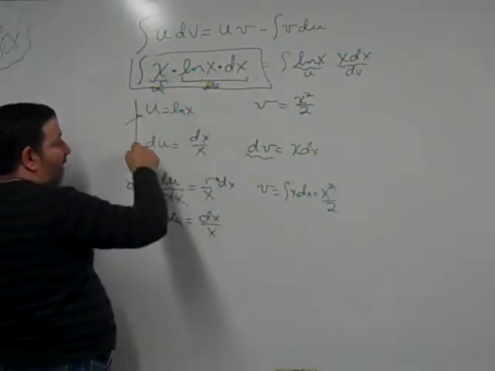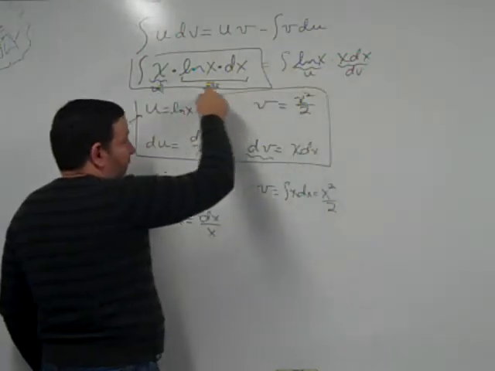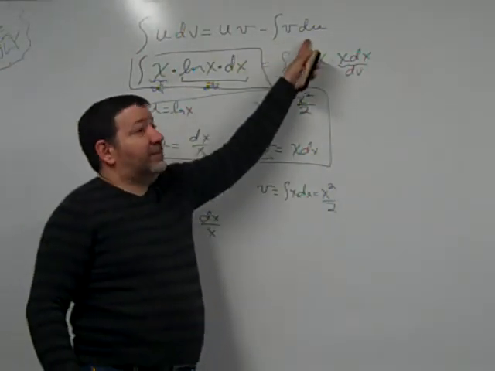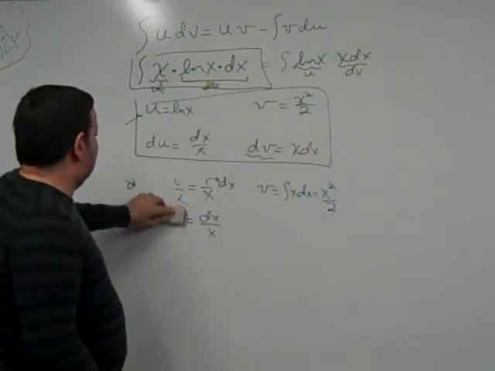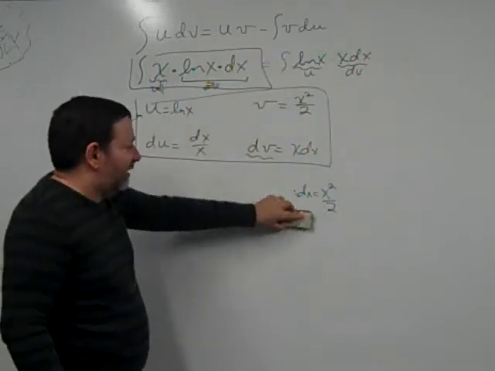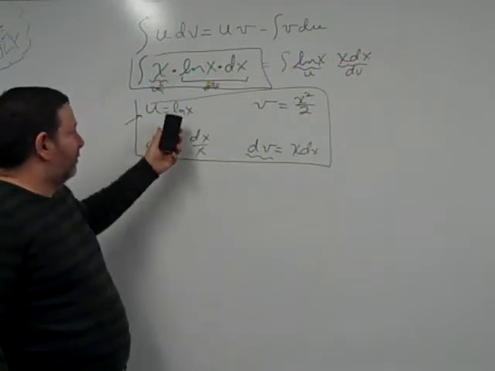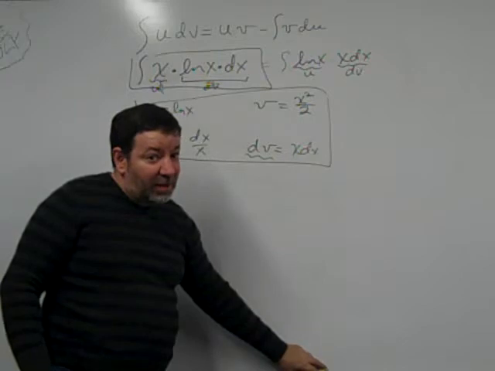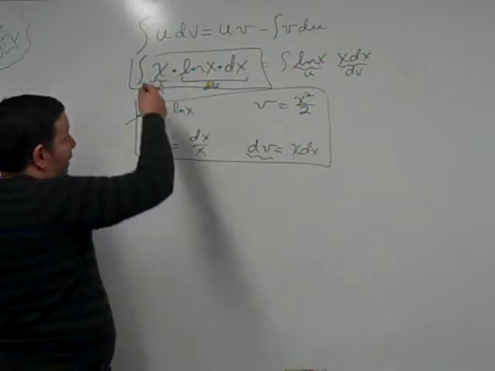Okay. So now that we have this, we're almost done. We're going to have to do one last integral, but that one should be easy. And if it isn't, either we didn't call the right things u and dv, or this is not a problem that should be done by parts.